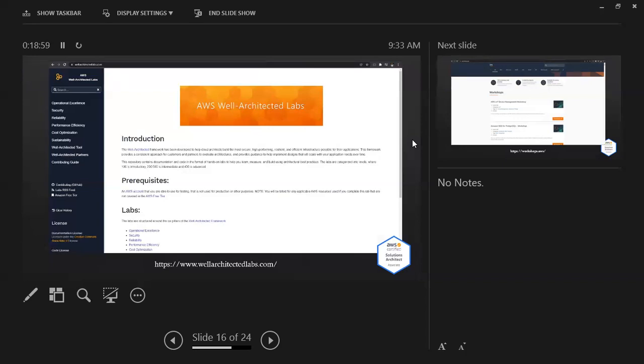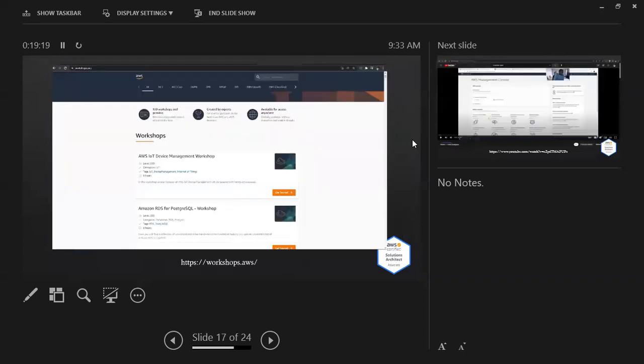And one of the things I did is that I went the extra mile to ensure that I got real knowledge. I wasn't only preparing for the exam, I was preparing to understand those concepts and to be able to use them in real-life scenarios. So I did some of the labs here also, which is workshops.aws. This is not quite related to the exam.